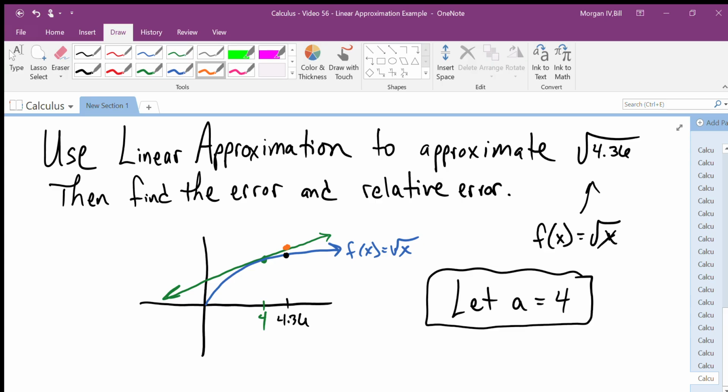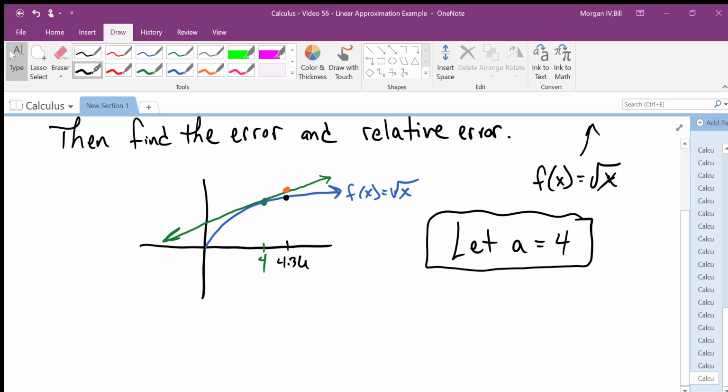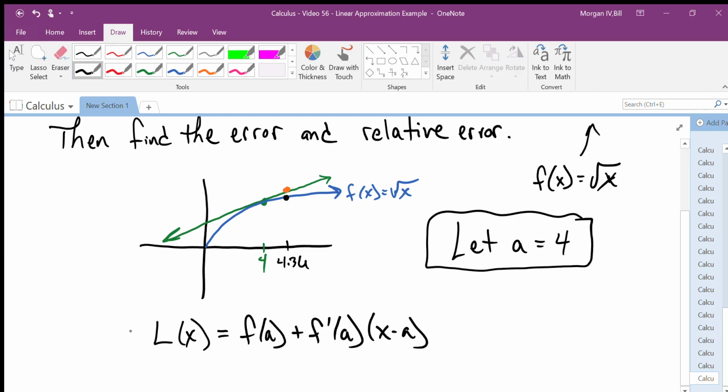That's the idea. Let's go ahead and get our linear approximation. L of x is equal to, if you remember, f of a plus f prime of a times x minus a. That will always be our linear approximation formula.